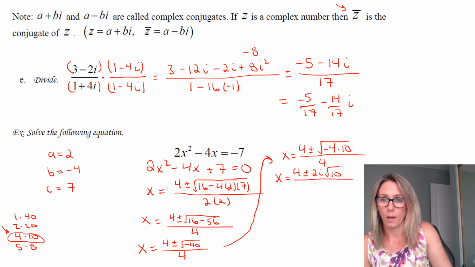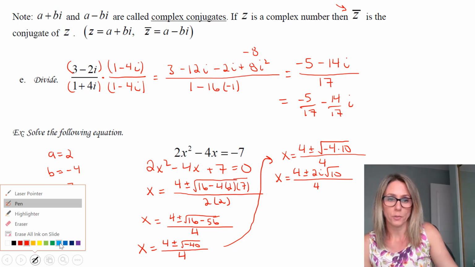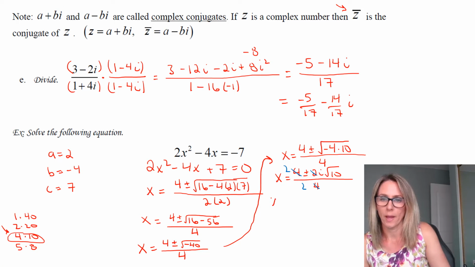And now I should see that I can simplify a factor of 2 here, here, and here. And now I can just have the most simplified version of my answer. So x equals 2 plus or minus i root 10 over 2.